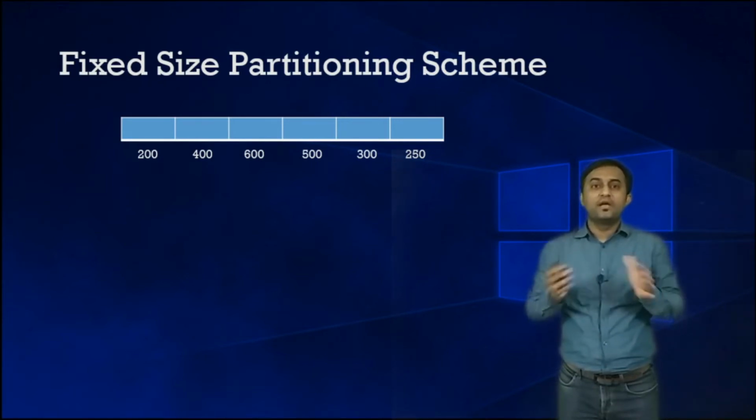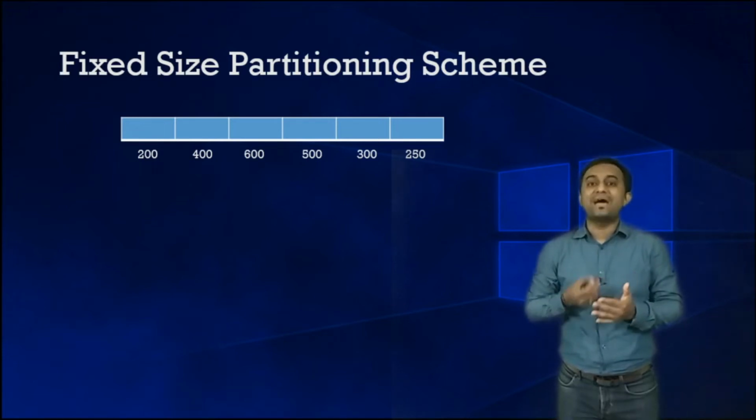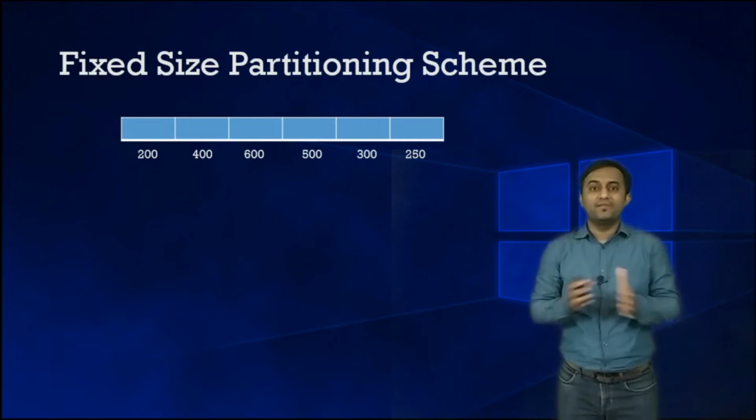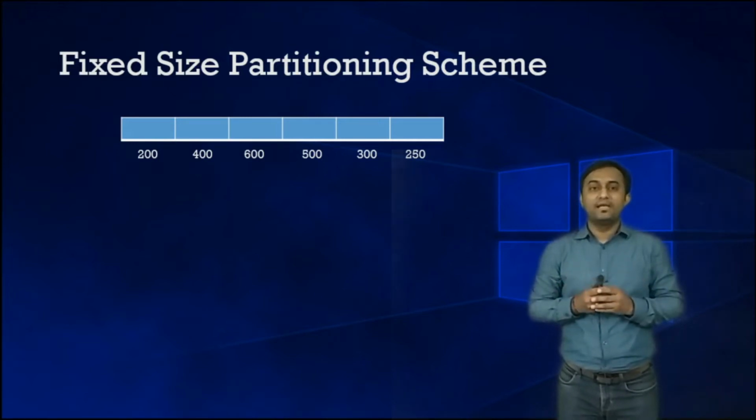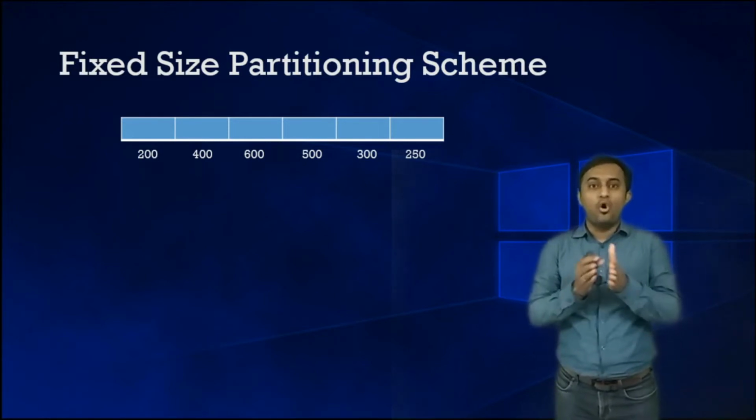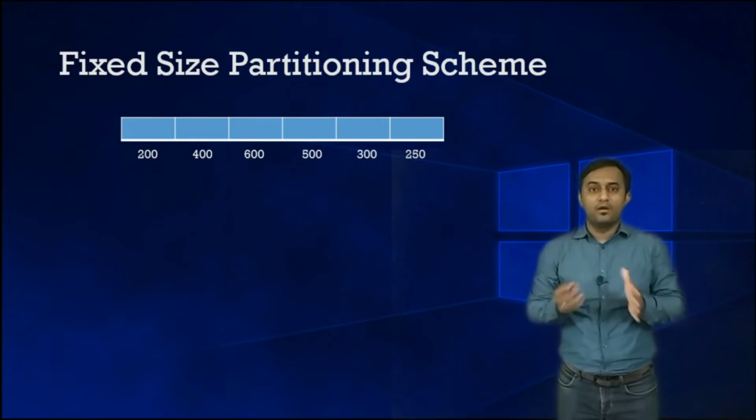So these are the various partitions we have, and you know very well in the case of fixed size partitioning scheme, the partition will be performed priorly. It is not based on the requested process. Okay, it will be performed according to the available memory size. So this partition is performed priorly. Now, right now, we are at initial stage, so all the blocks are available to accommodate the process.